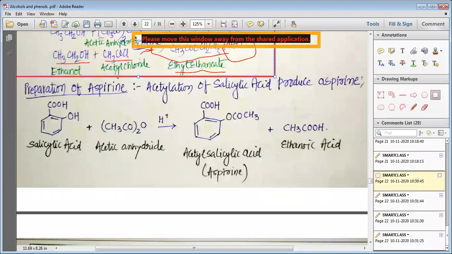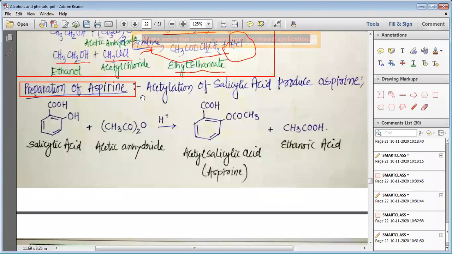My dear students, aspirin is a very important drug which is a painkiller and used for a few other purposes. This aspirin is a drug that is prepared by the reaction known as the esterification reaction. So preparation of aspirin is again an example of esterification reaction.